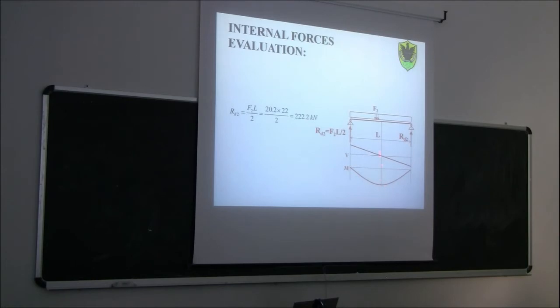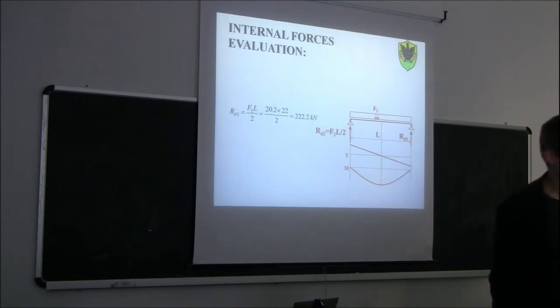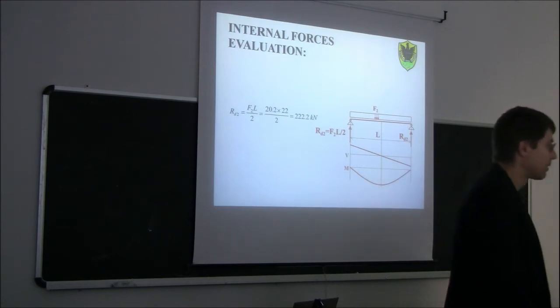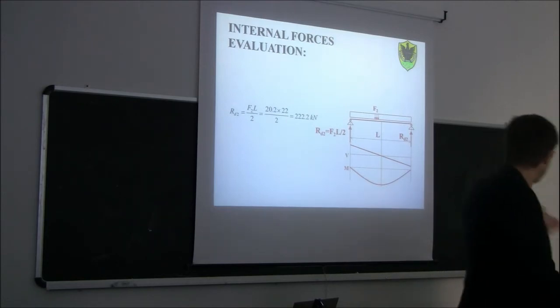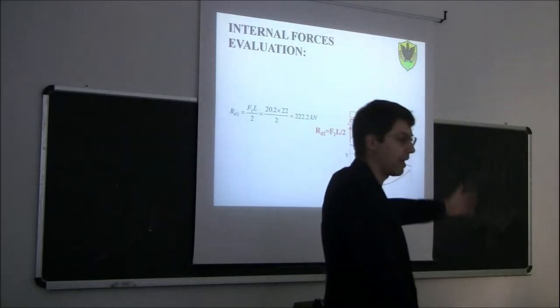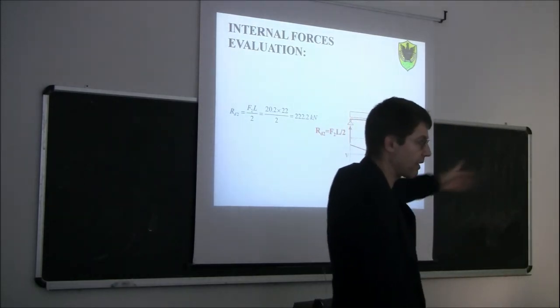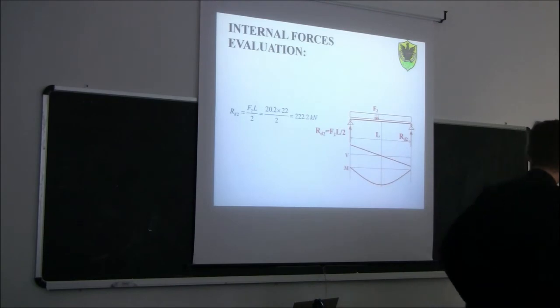The maximum is in the center of the beam. And the maximum value, you probably remember by heart, the maximum bending moment: Q, or in this case F2, times L squared divided by 8. The usual formula.